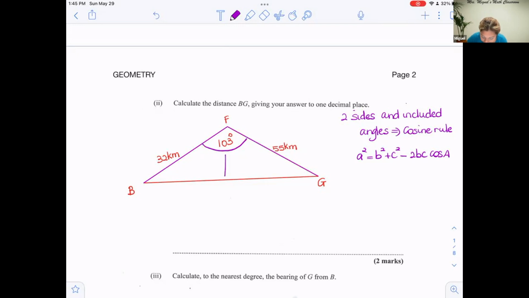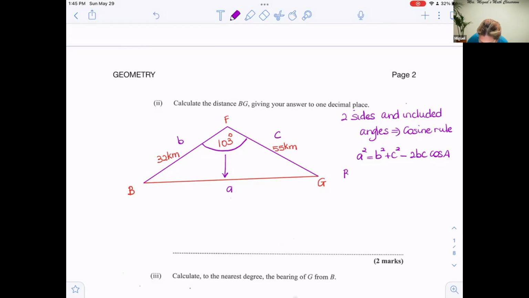This is the length that we want to find, BG. So our formula starts with BG. Here is A, this is B, and this is C. It is just a matter of plugging in the values into the equation and solving.